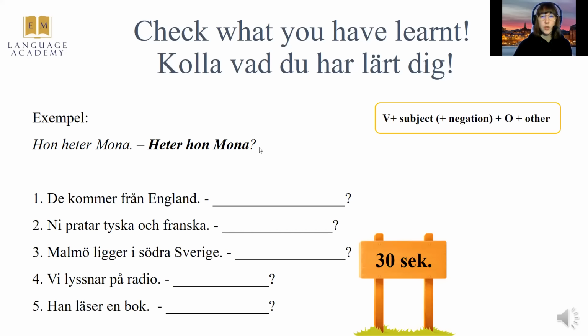If this is a little bit confusing, here again is the little yellow rectangular form with the formula for the word order that might be of advantage for you. So you have 5 different statements, and your task is to make questions out of them. You have 30 seconds for the task, and your time starts now.